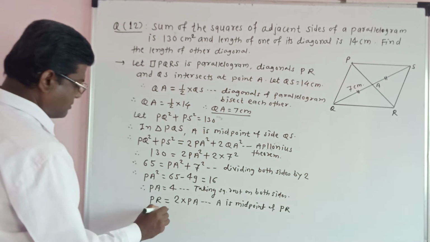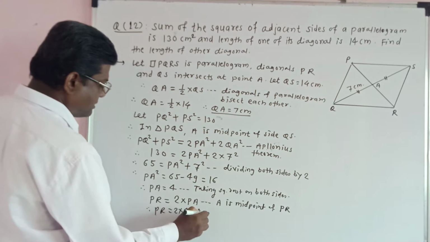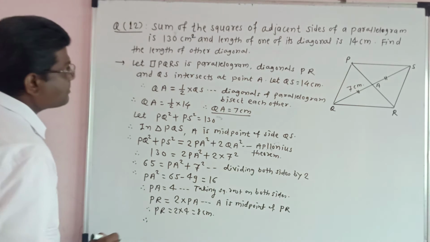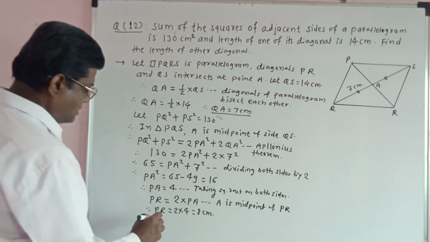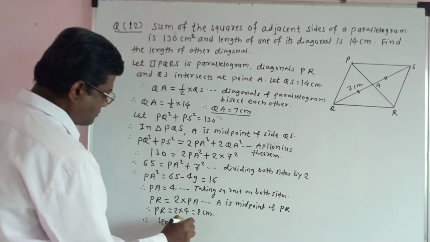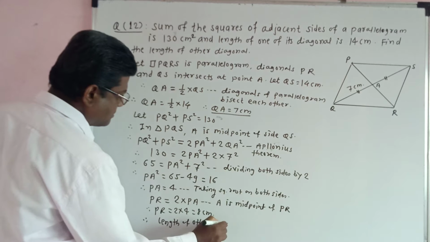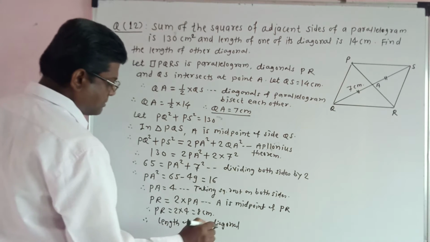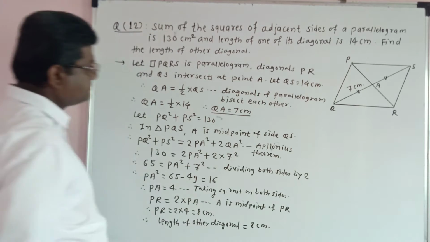Therefore, PR is equal to 2 into 4, which is equal to 8 centimeter. Therefore, length of other diagonal is equal to 8 centimeter.